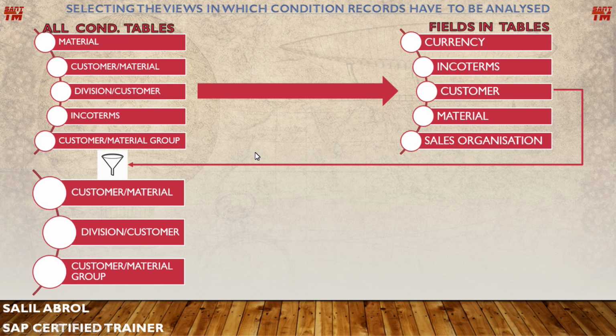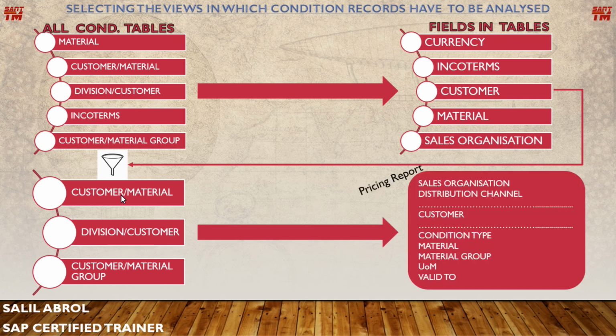Based on the output of the tables that I have got, I will generate the pricing report. The first level filter I have seen in the pricing report is the sales organization, and then I select the distribution channel, and then the group header, where obviously I am going to generate the pricing report for customer, and then all the fields that can exist in a pricing report, like condition type, material, material group, unit of material, valid to.